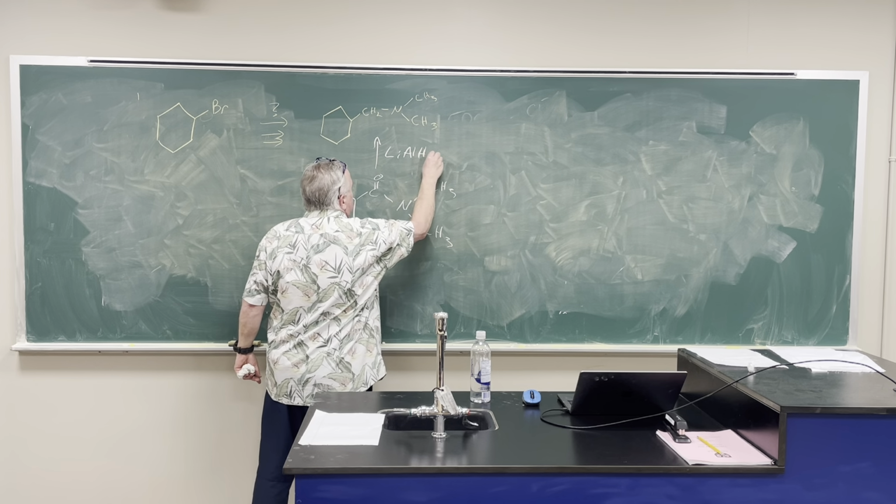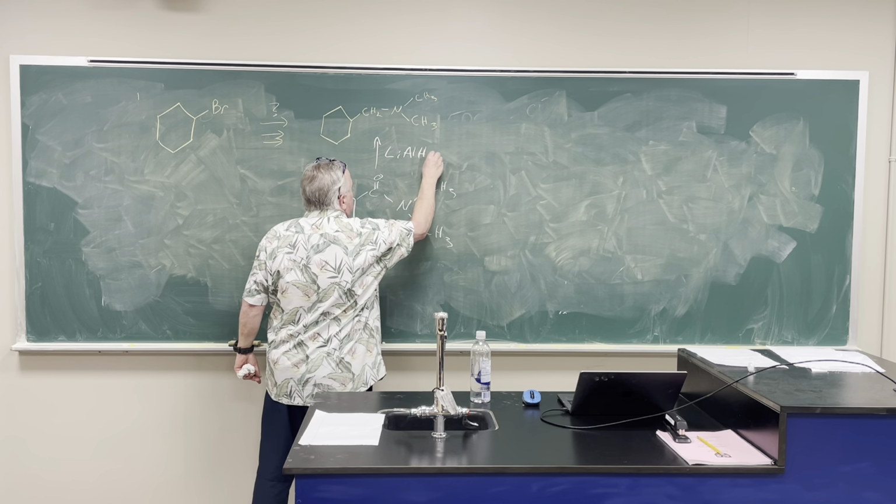Remember, acid chlorides will react with alcohols to make esters and with amines to make amides. They'll even react with carboxylic acids to make anhydrides. These things react with everything. They're very reactive. So they'll react with an amine to make that.